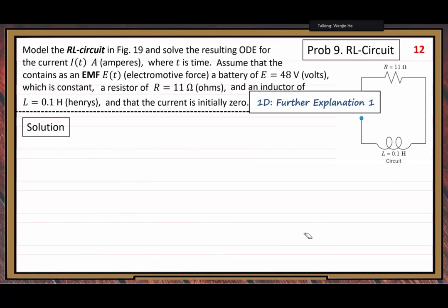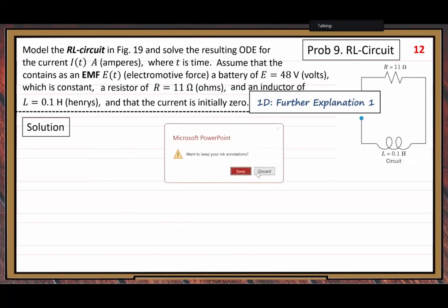So now let me jump to part E, the last part of module 1.